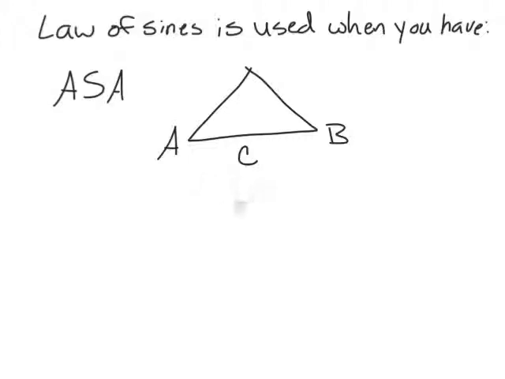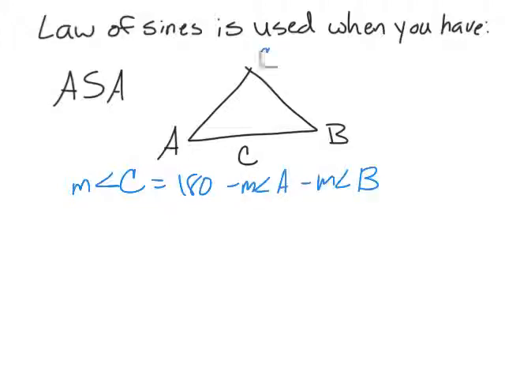So let's say I'm given angle A and angle B, and I have a value for side c. Right off the bat we couldn't use it, but we can obtain angle C, because the measure of angle C is going to be 180 minus the measure of angle A minus the measure of angle B. So we can always get angle C, and then we can use it to solve for whatever side we want to solve for. So angle-side-angle works for us.